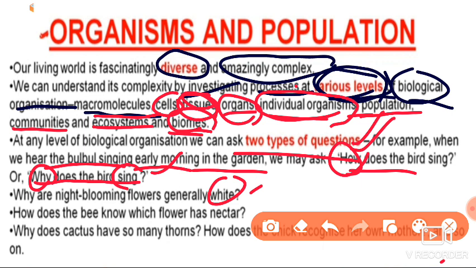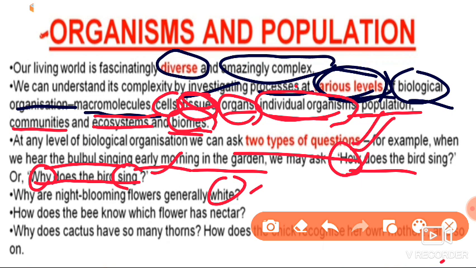Next, how does the bee know which flower has nectar? This is also a very interesting one: how bees identify where the nectar is present. First, one bee will identify it.